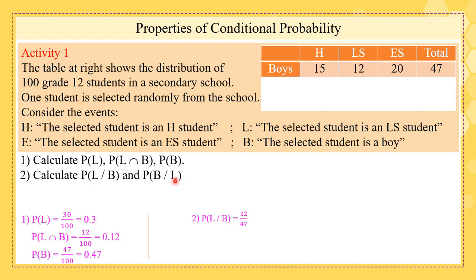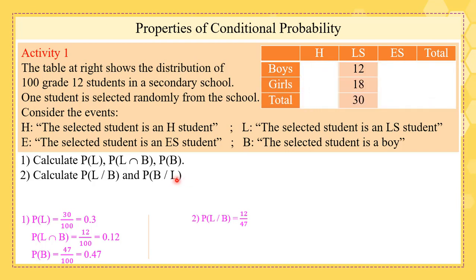And the probability of B given L, now here we have to come to the LS section, and we find the probability of selecting a boy. It will be 12 over 30. Notice here that in the first part we don't have any conditional probability, so the total is always 100, whereas in the second part we do have two conditional probabilities, so the total changes. Sometimes it's 47 and sometimes it's 30.